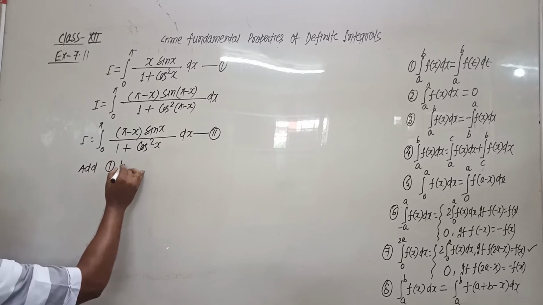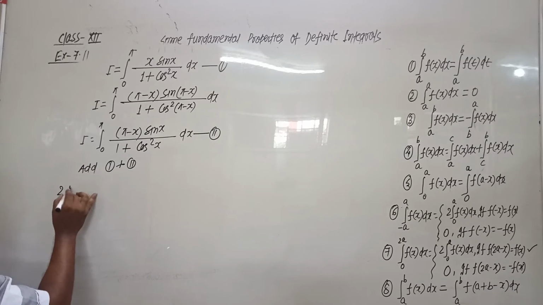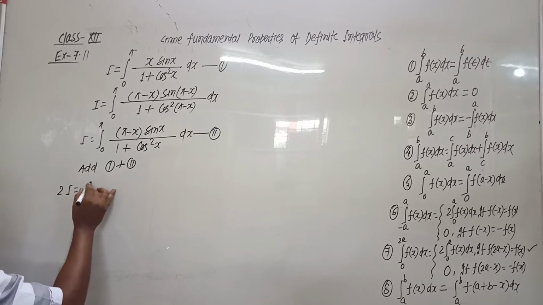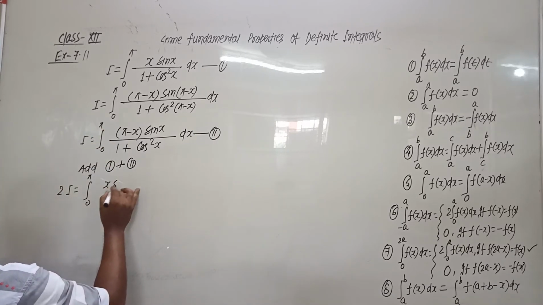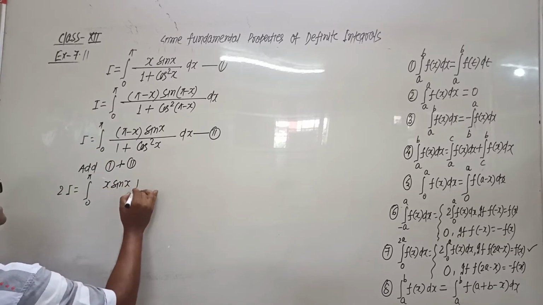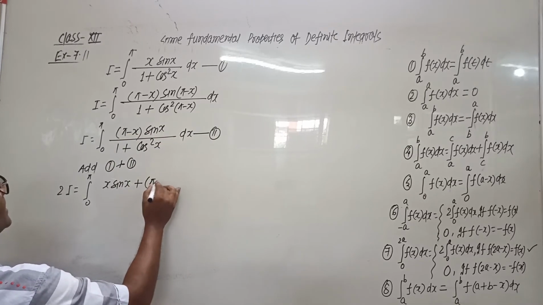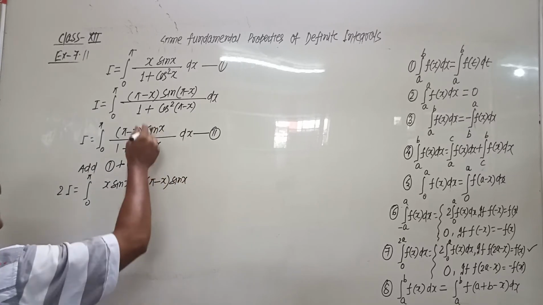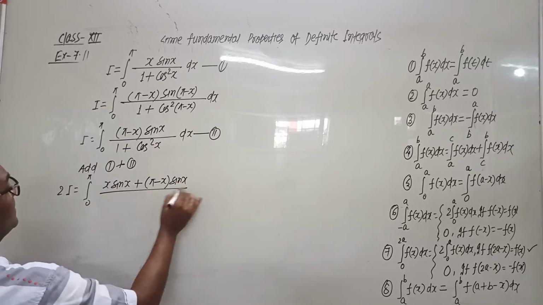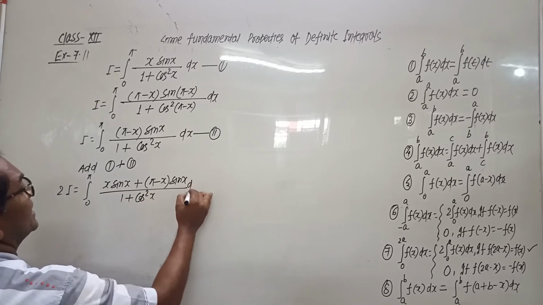Adding first and second, I plus I becomes 2I, and integration 0 to pi of x sin x plus (pi minus x) sin x, with the LCM 1 plus cos square x, dx.